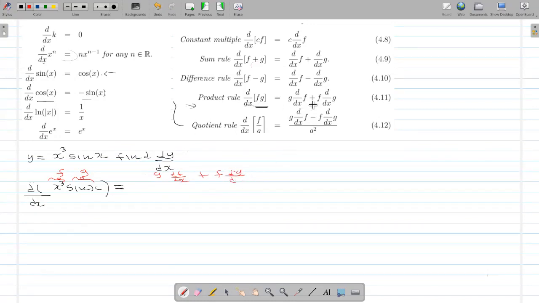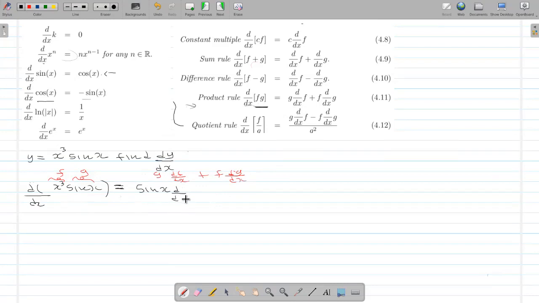Okay, so when I plug into the formula, g is sine x, so I just write sine x. Then I have to do the derivative of f.